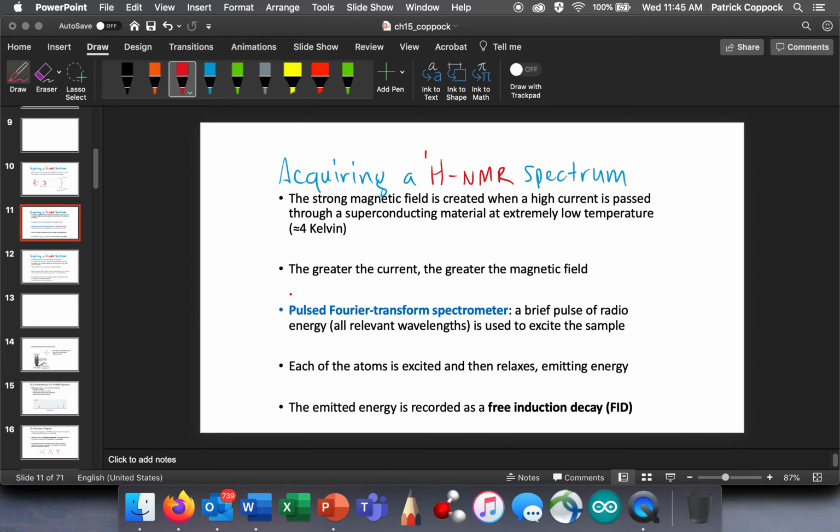And we're going to analyze this with something called pulse Fourier transform. A brief pulse of radio energy, all relevant wavelengths, is used to excite the sample. Each of the atoms is excited, and then it relaxes. And when it relaxes, it emits energy. Okay? The emitted energy is recorded by the apparatus through something called a free induction decay, FID.